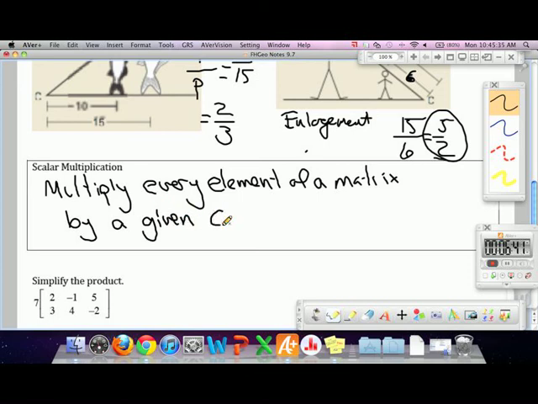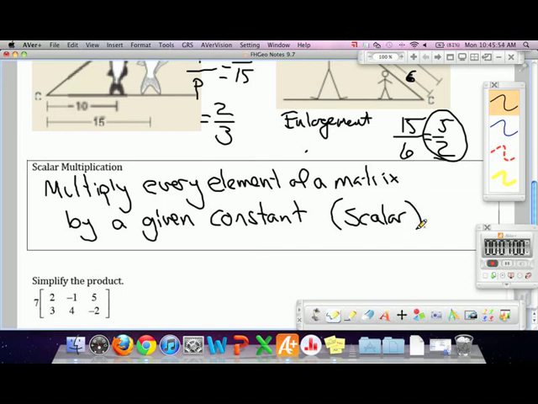A constant being a number, a real number. In this case, we're working in the real number system. That number is called a scalar. It's called a scalar because it scales the size by a given quantity.